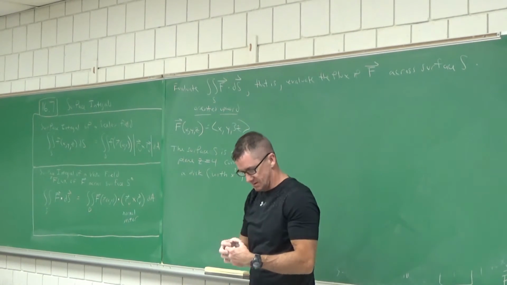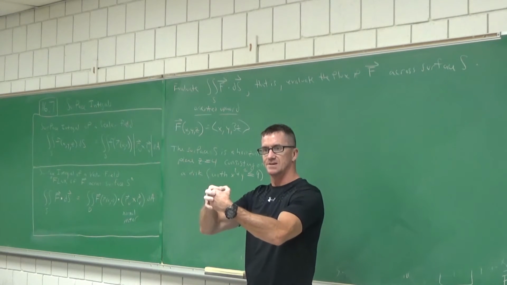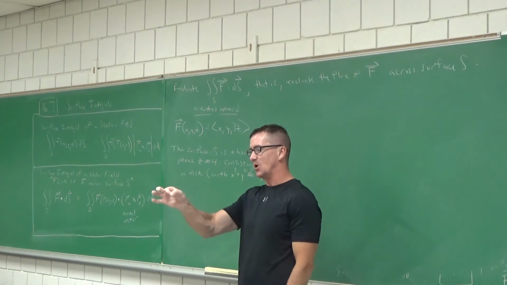So you want to draw just a disc like this at z equals 4. That's our surface, right? That's all we got.